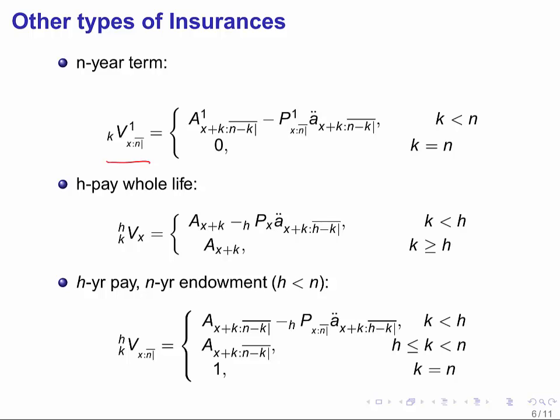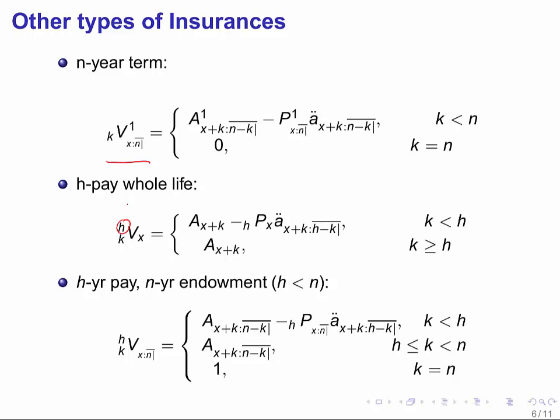And we can also consider the case where we restrict the number of payments of the premium to H years only. So in this case, we add an H in the subscript to the left of V. In such a case, if H is greater than K, so that means at time K there are still future premiums, and the term of the premiums is an H minus K year term.